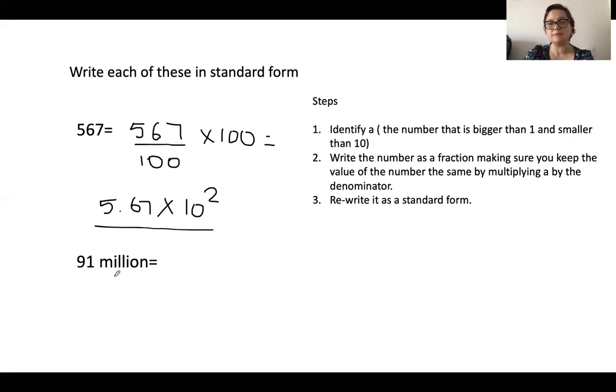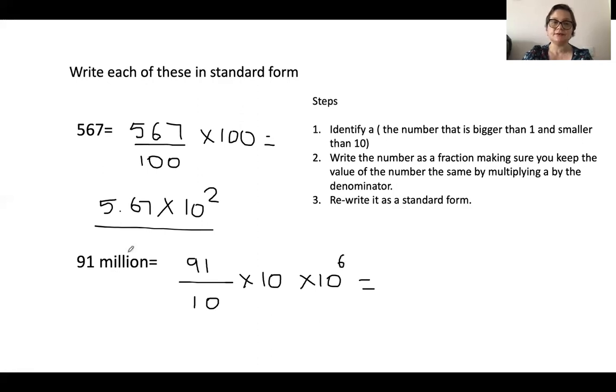91 million. Remember, million has 6 zeros. Let's write now 91. We need the a, so we divide by 10 to get 9.1. So 91 divided by 10, and then times 10 to keep the value of 91 the same. Remember now the million, we should write the million as 10 to the power of 6 because it has 6 zeros.